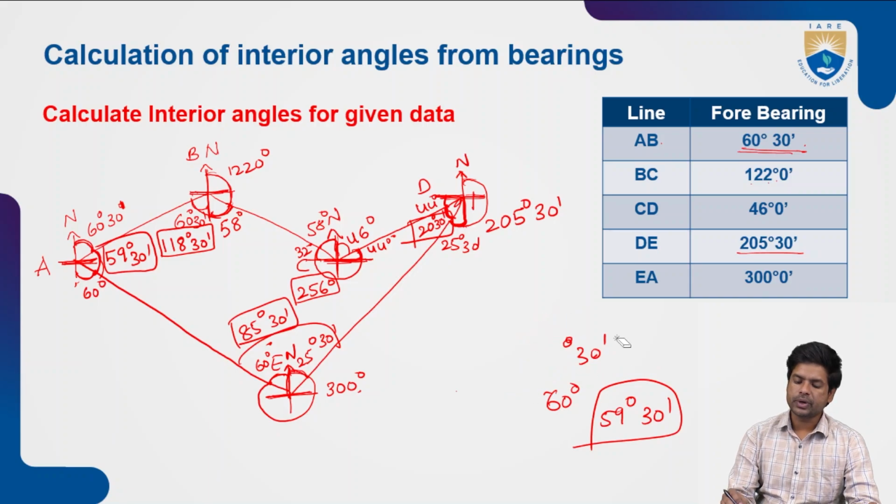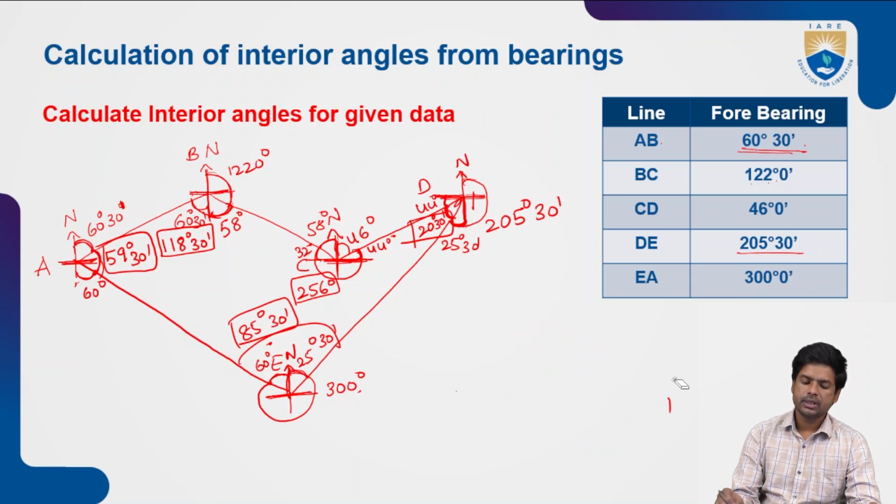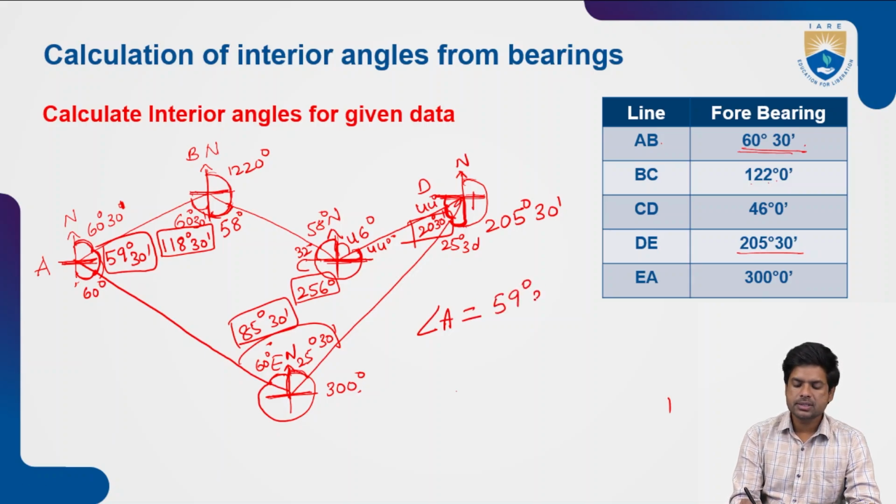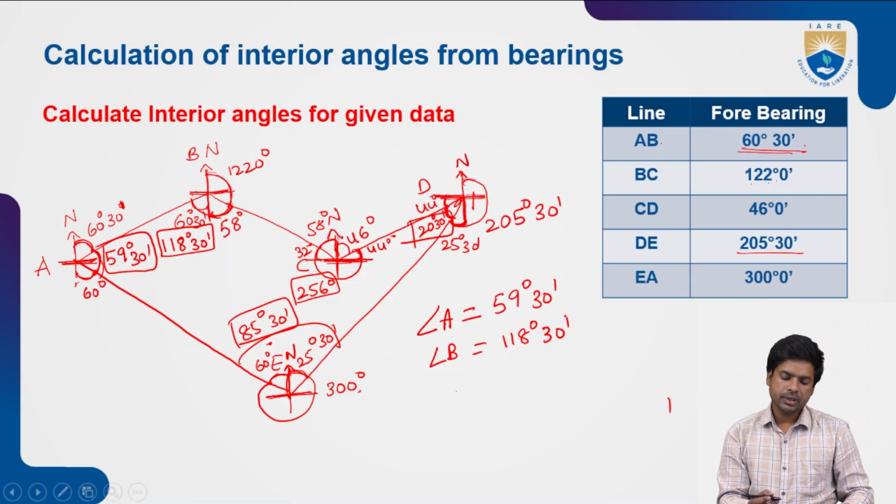Now if you write all these included angles: the included angle at A is equal to 59 degrees 30 minutes, the included angle at station B is equal to 118 degrees 30 minutes, and the included angle at station C is equal to 256 degrees.